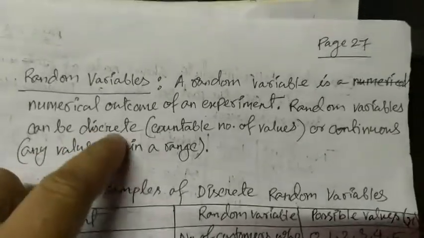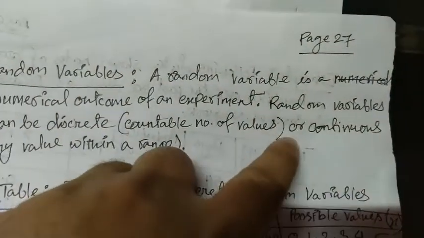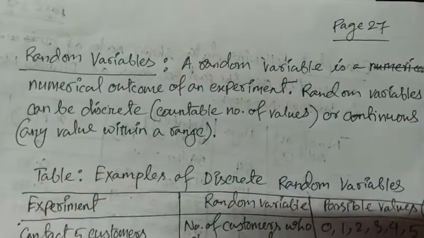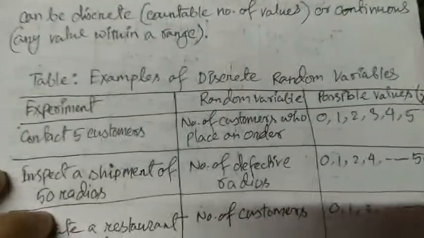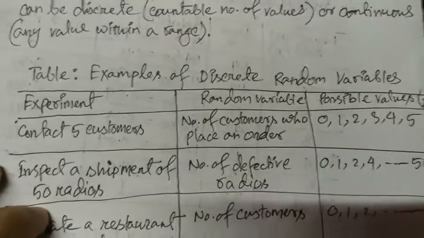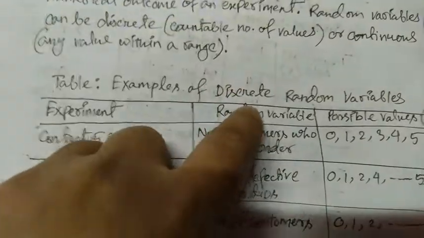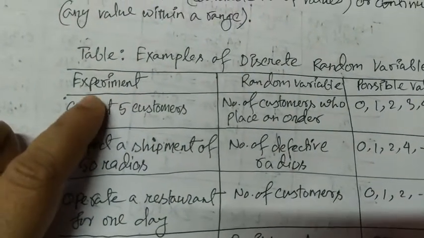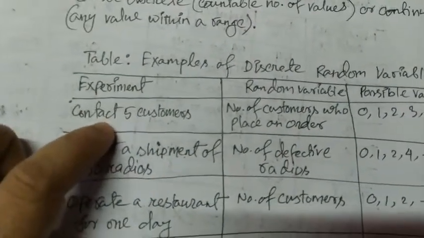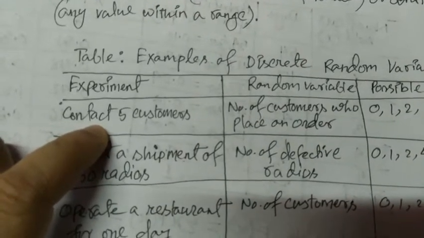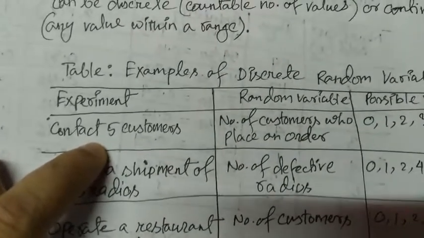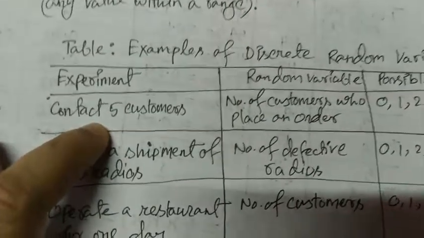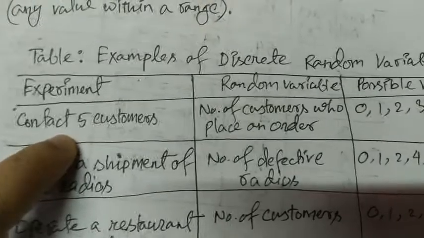But a random variable can be continuous when the value lies within a range. So let us check out some examples of discrete random variables. Suppose we contact 5 customers to see whether the customers purchase goods or not.